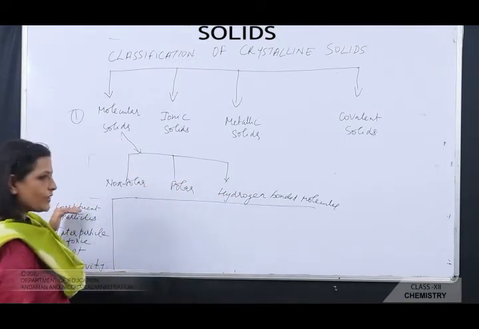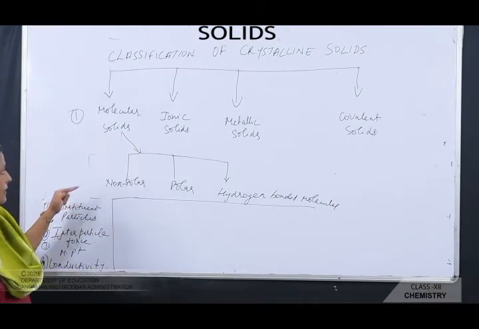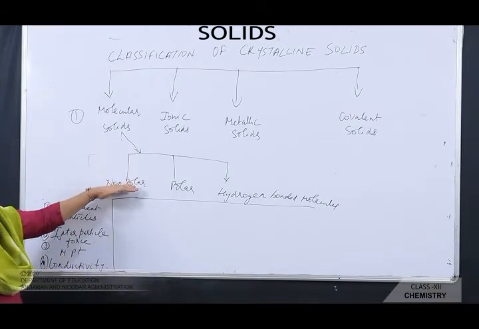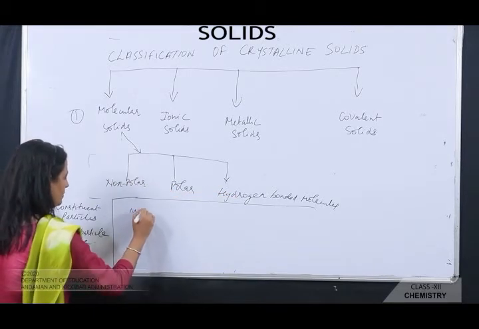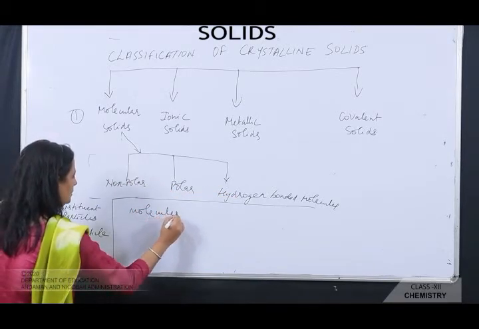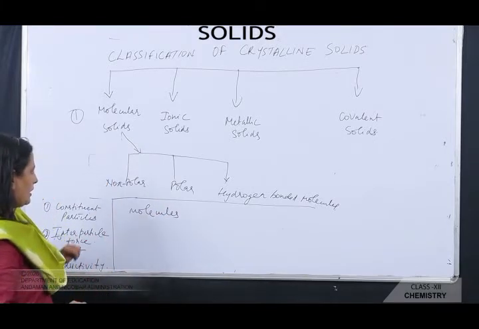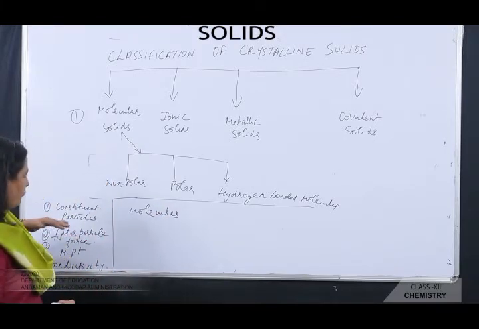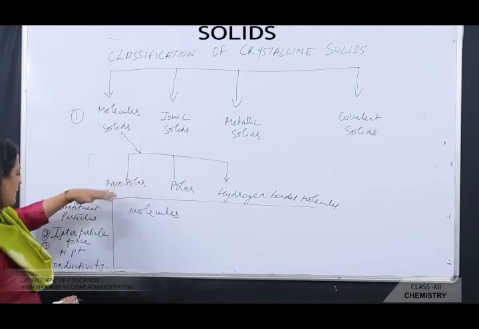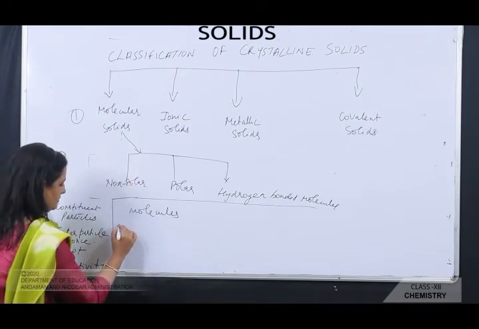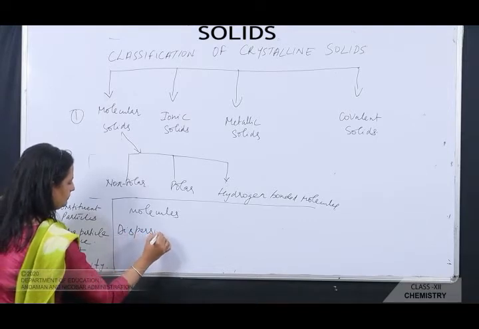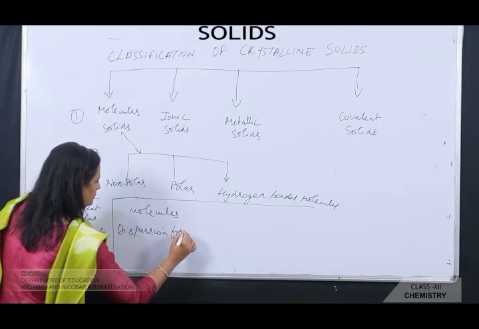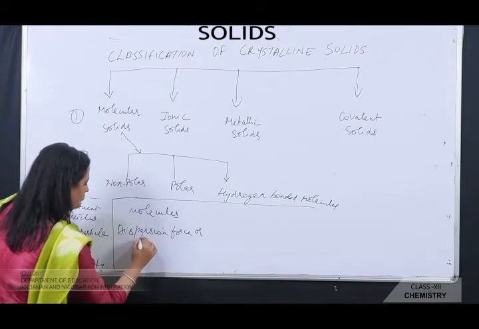So what are the constituent particles? The constituent particles in molecular solids, whether non-polar, polar or hydrogen bonded, are what? Molecules. Okay. The constituent particles are molecules. Now what is the interparticle force? In case of non-polar, the interparticle force is dispersion force or London force.